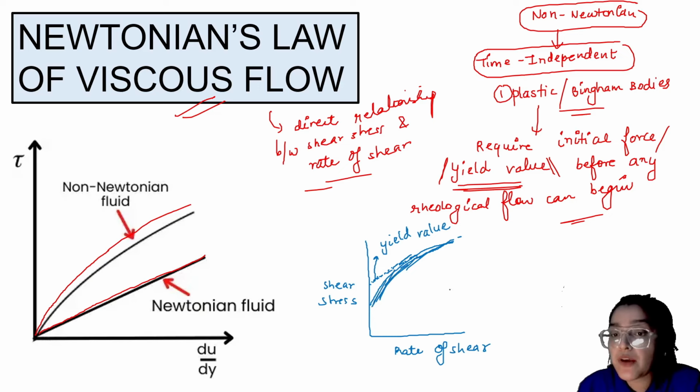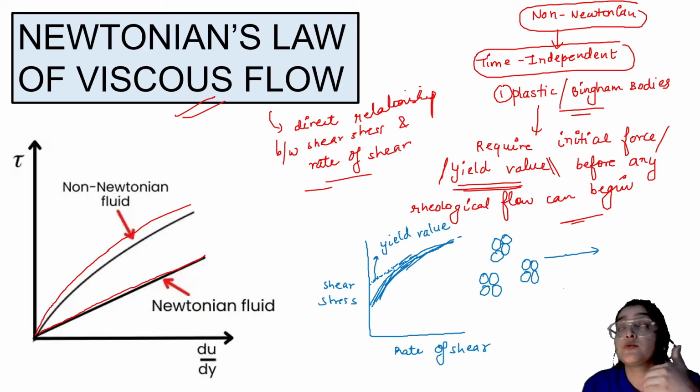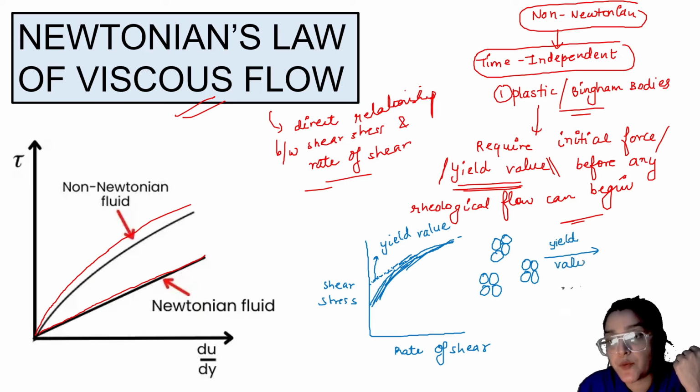Okay, so now we have to understand what actually happens in this case. Here I'll explain it with an example. Suppose these are the materials. Now in order to make them flow, in order to start their rheology, you have to apply a certain force which is equivalent to the yield value.